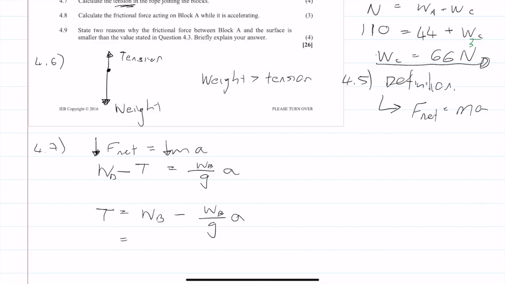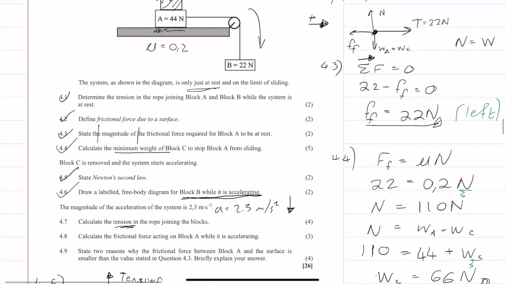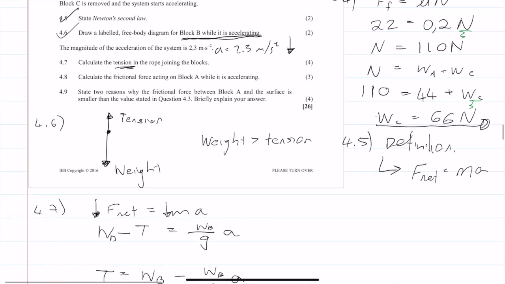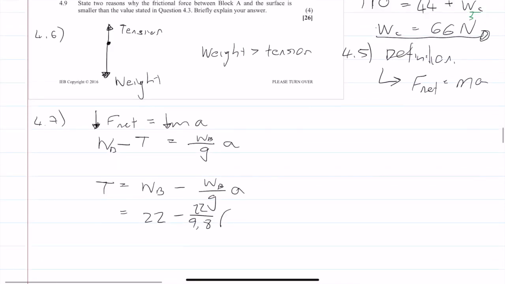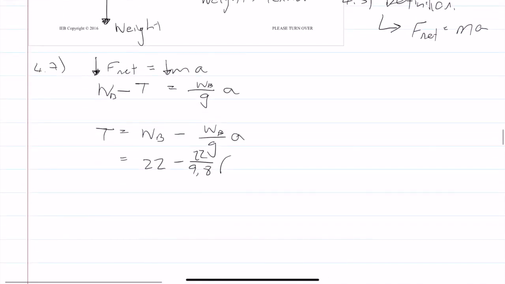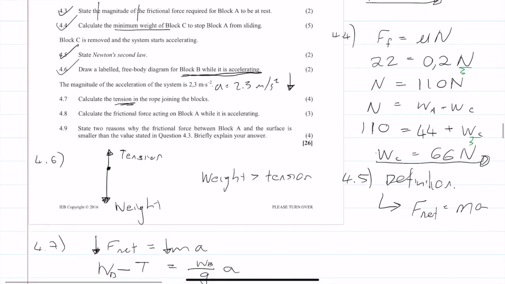So we have the weight of B was 22, minus 22 divided by 9,8, times the acceleration, which was given as 2,3. So the tension can be calculated as 16,84 newtons. Okay, and I think we care about the magnitude here.